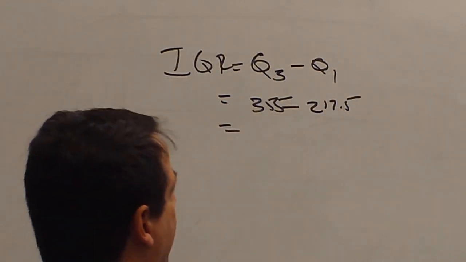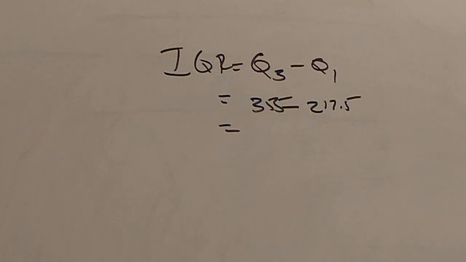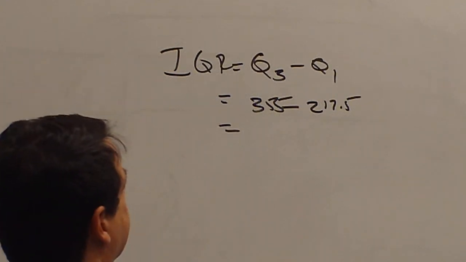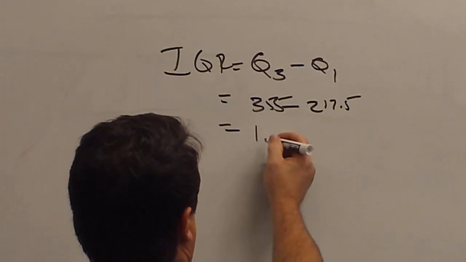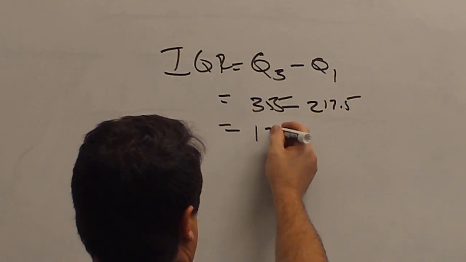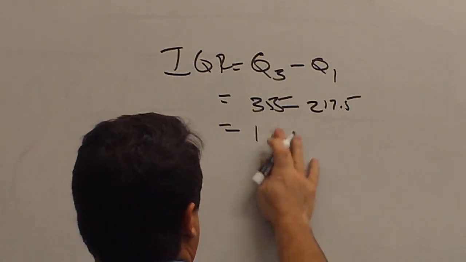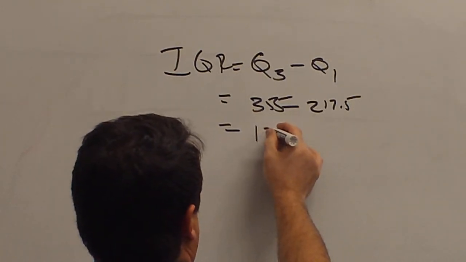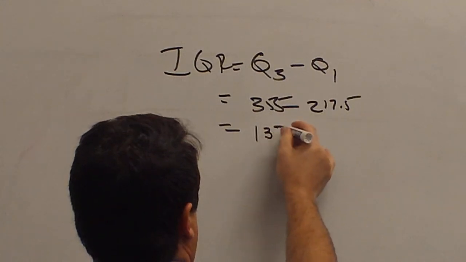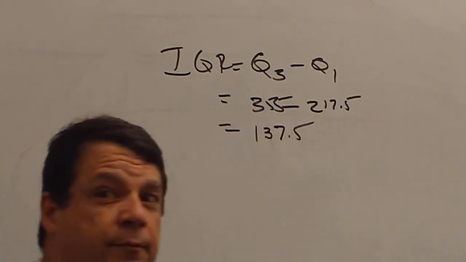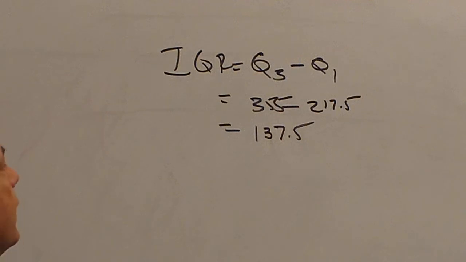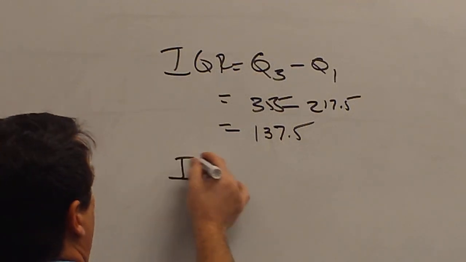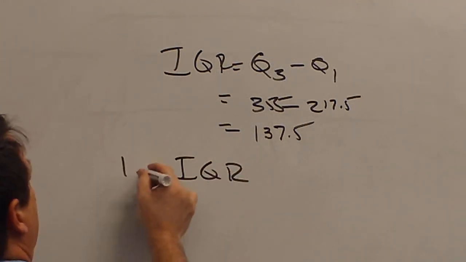The difference between 355 and 217.5 is what? 137.5. Is that right? Yes, sir. 137.5? Correct? Good.